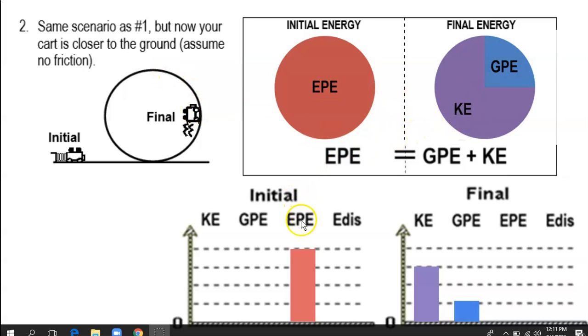So we have 4 bars of elastic potential energy on the left, so we need 4 bars on the right. 3 of the bars we said were kinetic energy, and 1 of the bars was gravitational potential energy. But the idea is that the law of conservation of energy tells us however much we have in the initial position is how much we have in the final position. So 4 bars and 4 bars.